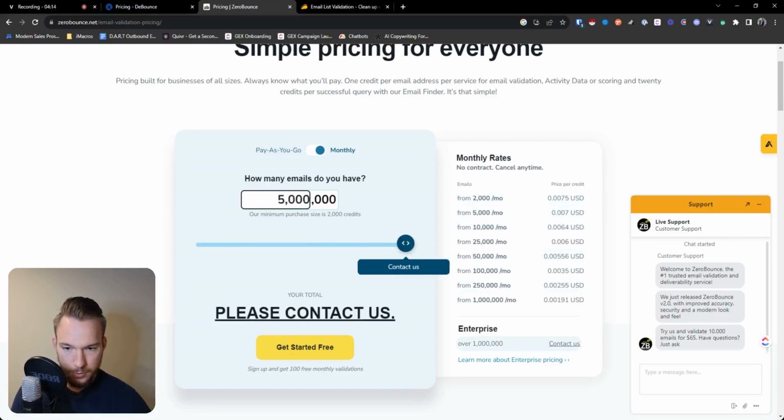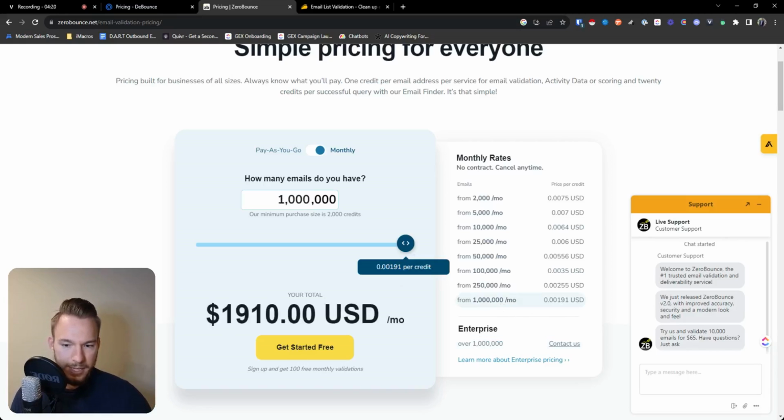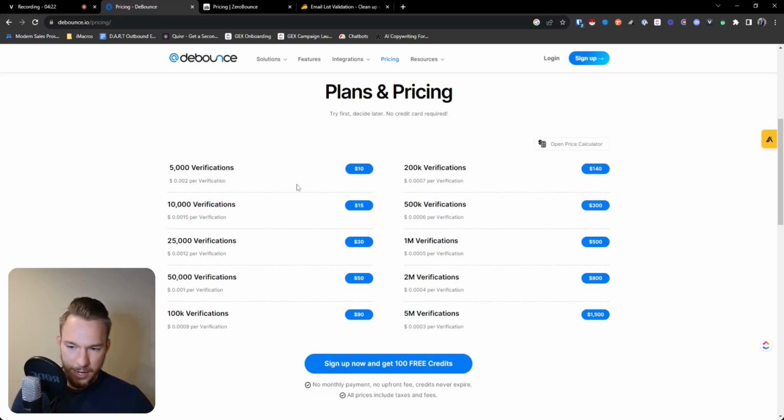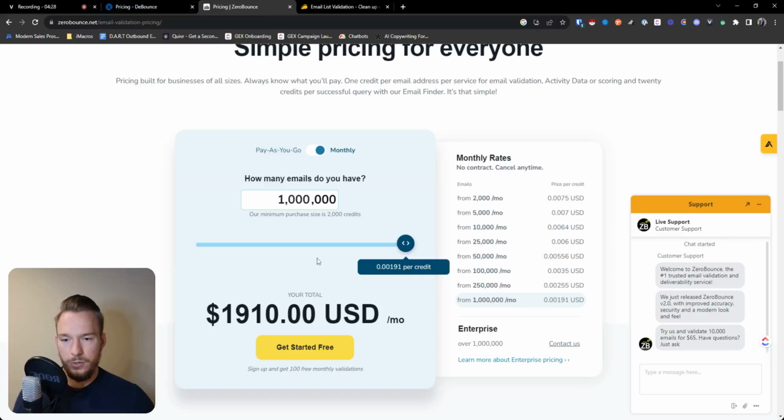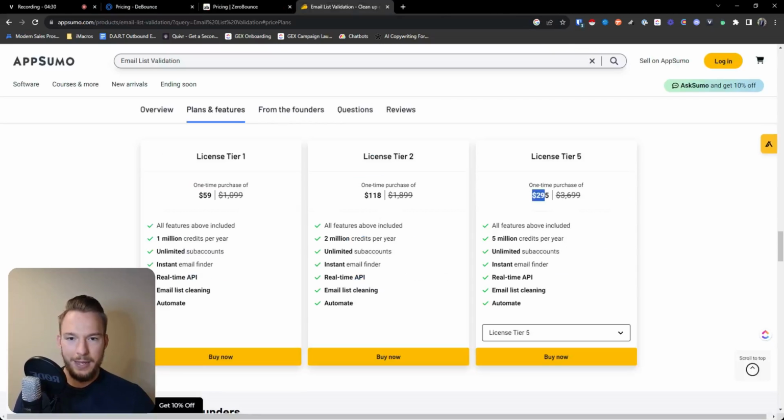Oh yeah, 5 million credits: please contact us. All right, you've got to talk to Enterprise. A million is going to be almost $2,000 on Debounce. And let's see, it's $500 on Debounce. Oh no, this is Zero Bounce. And then here it's $295. So it's the cheapest if you were to go to Email List Validation.